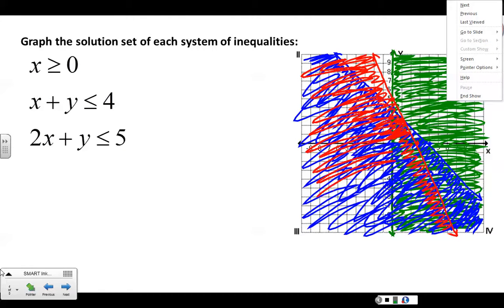So we want to find the area where we have red, blue, and green. Obviously, I'll trace it in black. It looks like red, blue, and green occur in this region.